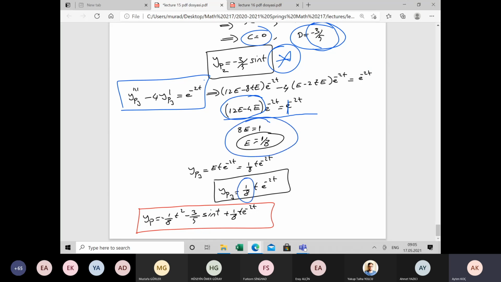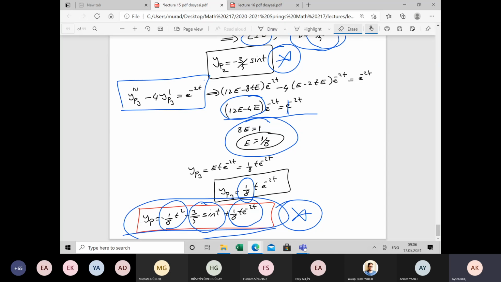So we obtain the particular solution of the main differential equation: y sub p1, y sub p2 and y sub p3 together give the particular solution of the main differential equation.